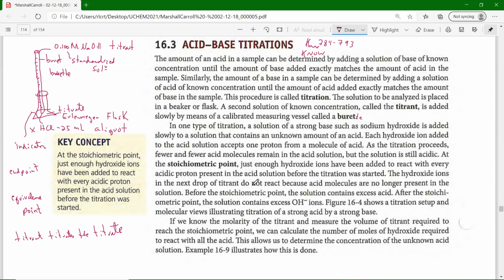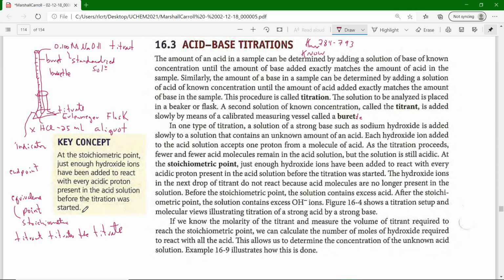Each hydroxide ion added to the acid accepts 1 proton. As the titration proceeds, fewer and fewer acid molecules remain, but the solution is still acidic. At the stoichiometric point, which is another name for equivalence point, this book decides to use another word for it.